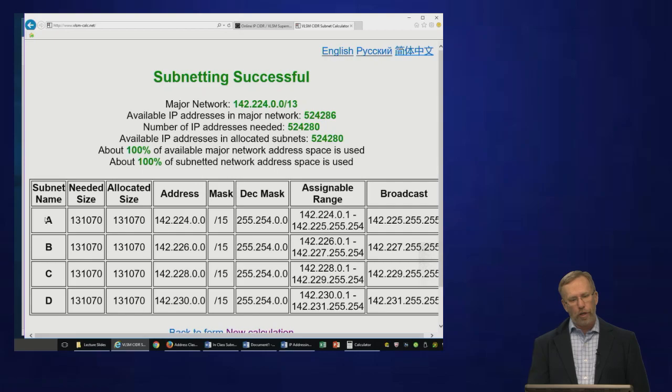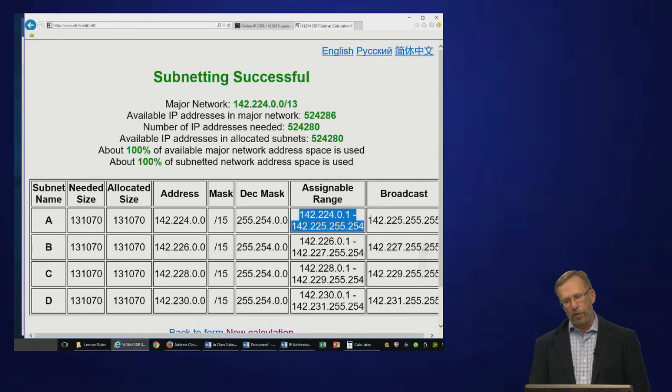You can see the first network has 131,070. The network address is 142.224.0.0, which is what we had in our table. The assignable range is from 142.224.0.1 to 142.225.255.254, which is what we have in our table.